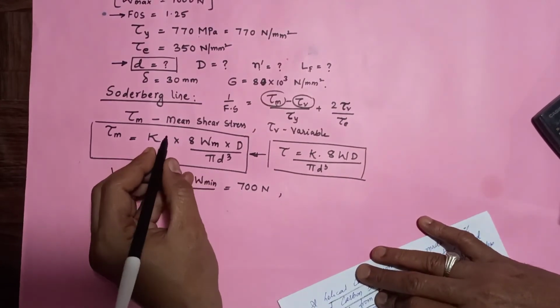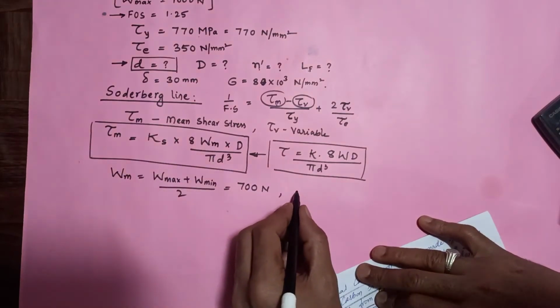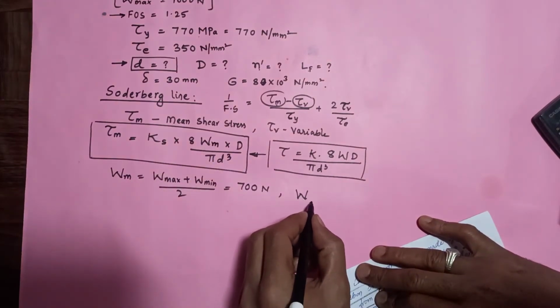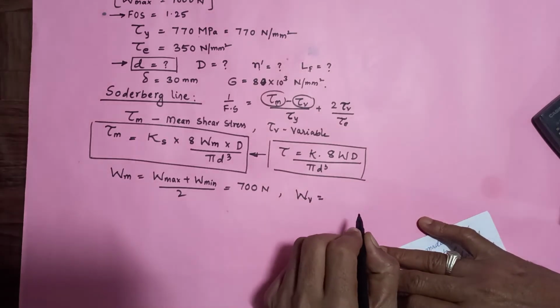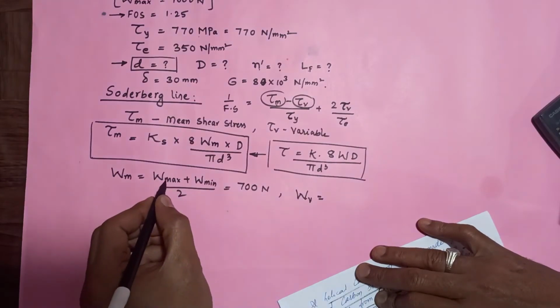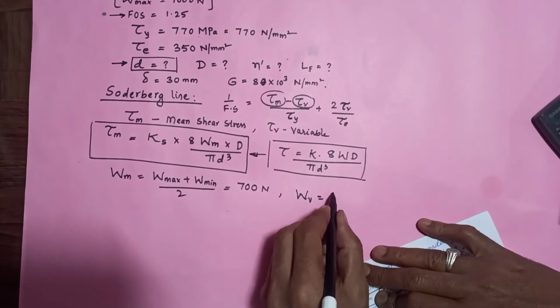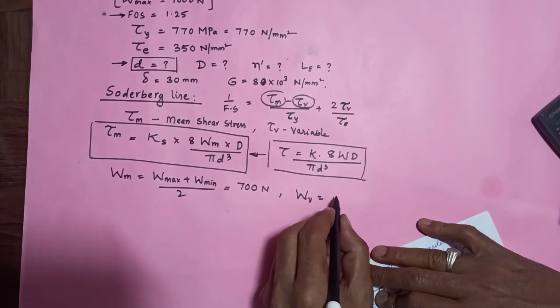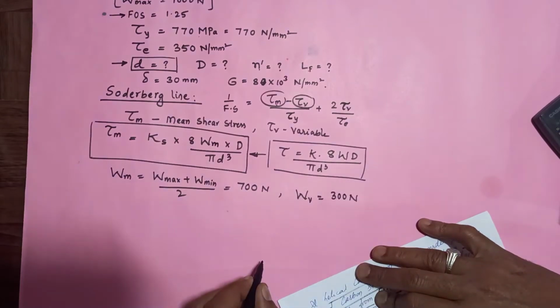Similarly, you can calculate the variable load, WV. WV can be calculated by maximum minus minimum by 2. So 1000 minus 400 by 2, you will get 600 by 2. So finally you will obtain 300 Newton.